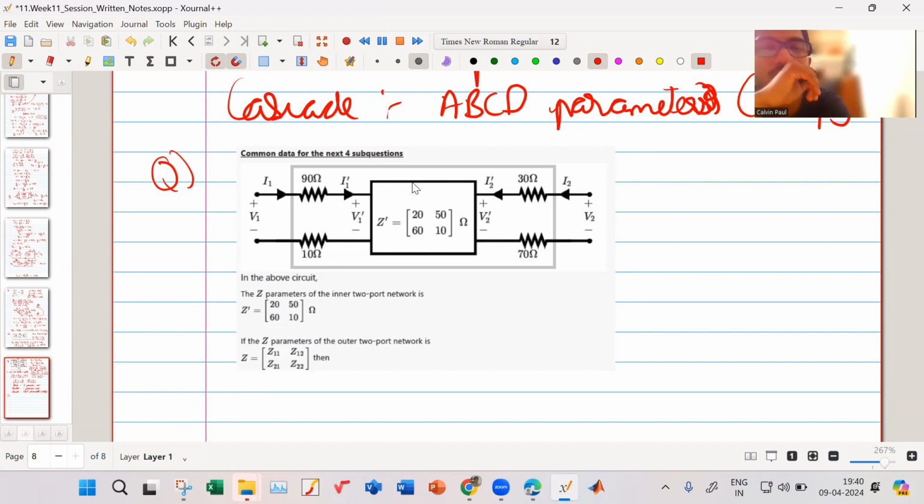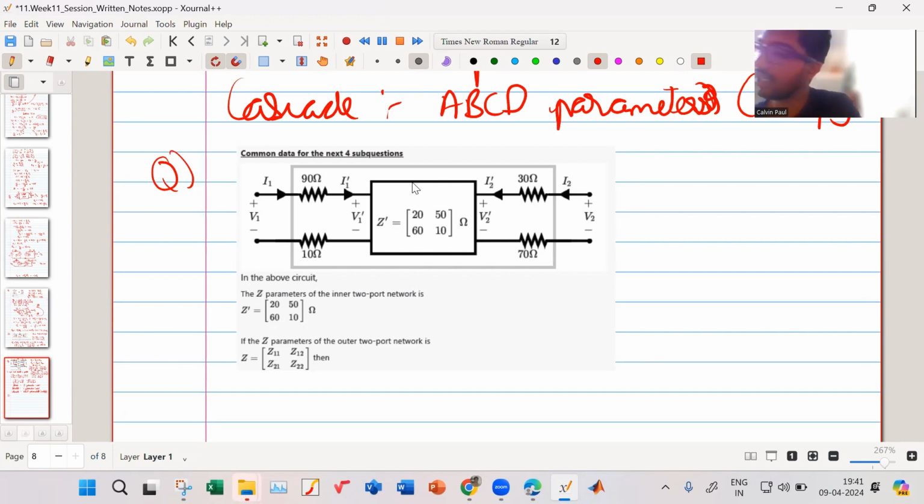First we can find V1 dash and V2 dash, those inner parameters, and then we'll be able to solve. What do you mean, inner parameters? With the given Z dash, or Z bar, we can find V1 dash, I1 dash, and then we'll be able to solve for the overall network.